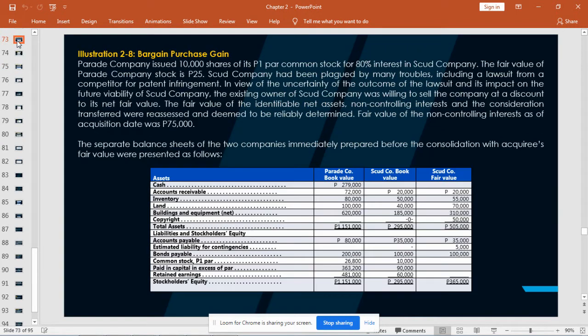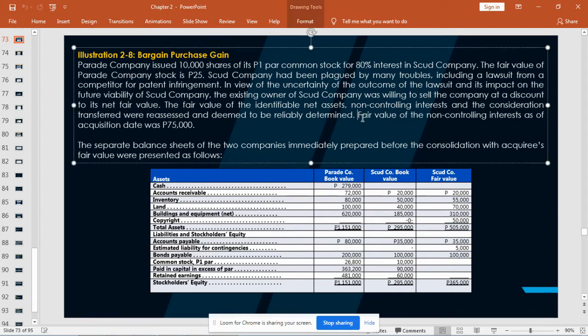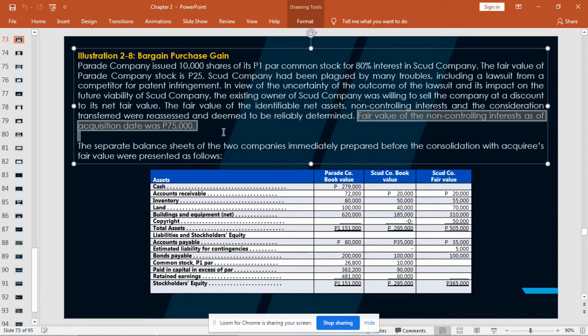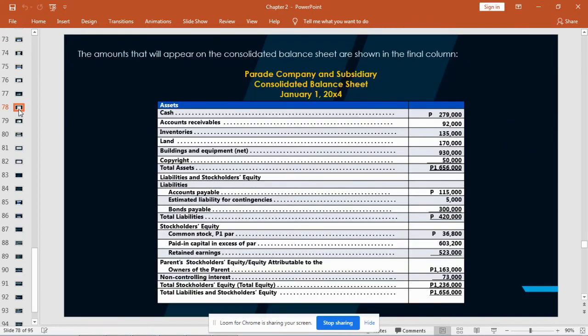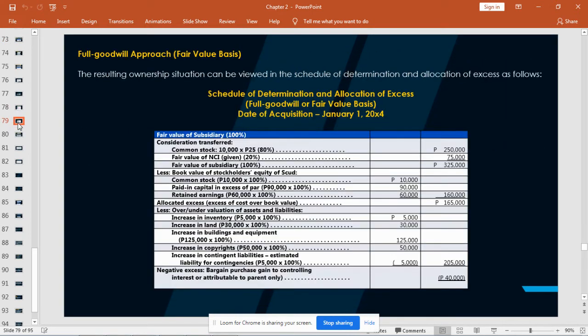Given, that is given. So, the fair value of the non-controlling interest as of acquisition date is 75,000. Right? So, dito sa ating computation, our total fair value is 325,000. That is the consideration transferred.